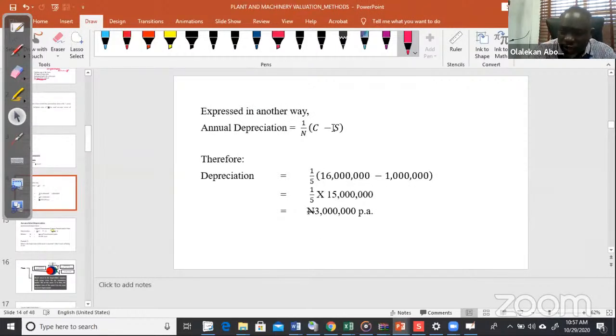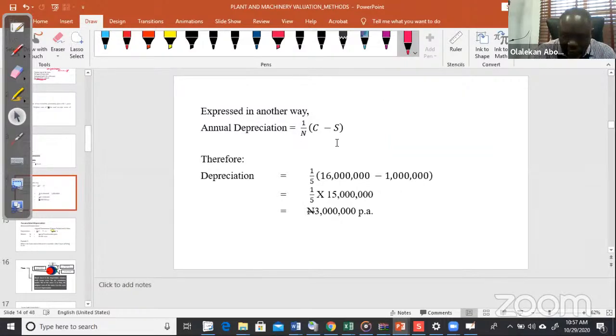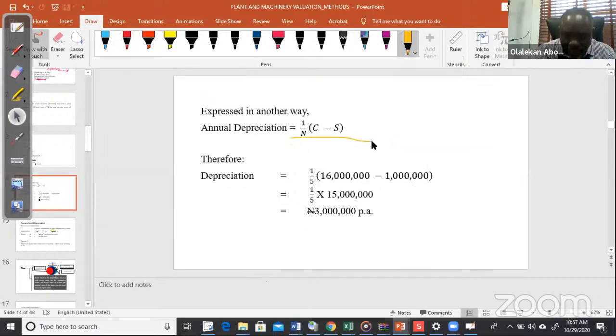We only factorize, splitting the formula into rate and depreciable sum, which is what you have here. Now, when you expand that and substitute again, you get your 3 million.